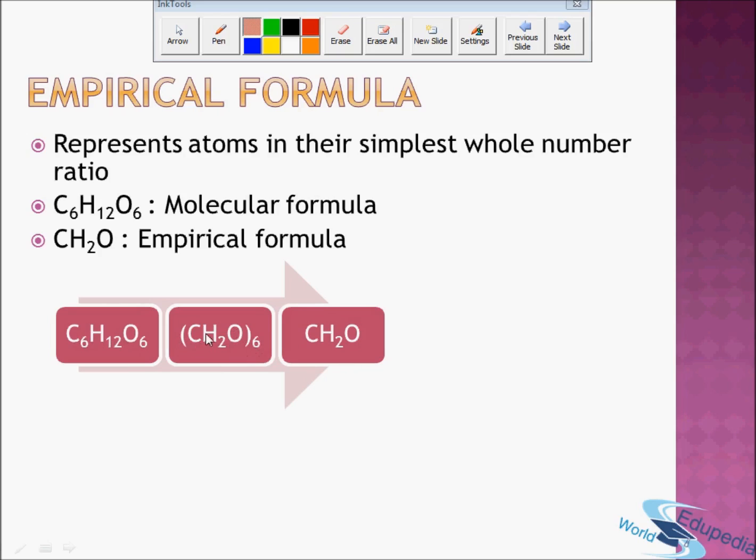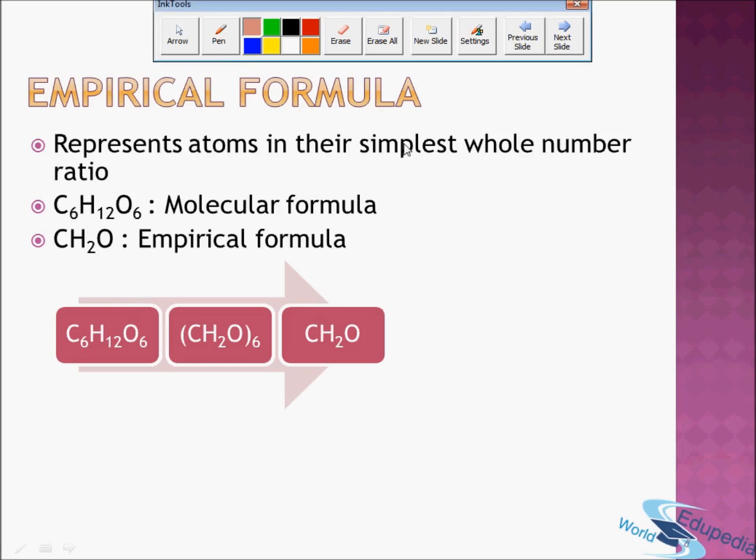It means the same thing. The left-hand side represents a more accurate way of writing glucose. The middle block represents a simpler, more crude way of writing the formula for glucose. You must not get confused with this. This represents glucose itself. Now if I remove this 6, what's left is the empirical formula of glucose. So now we know the difference between empirical and molecular formula.